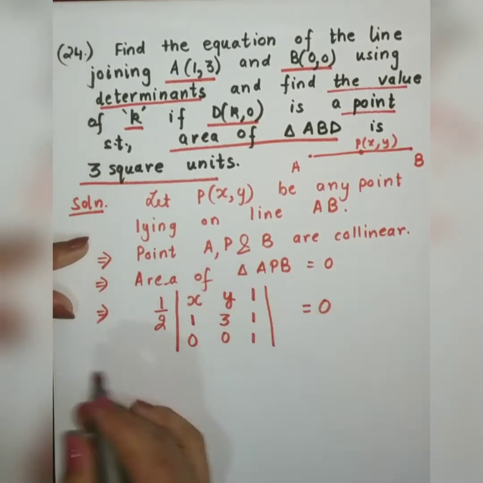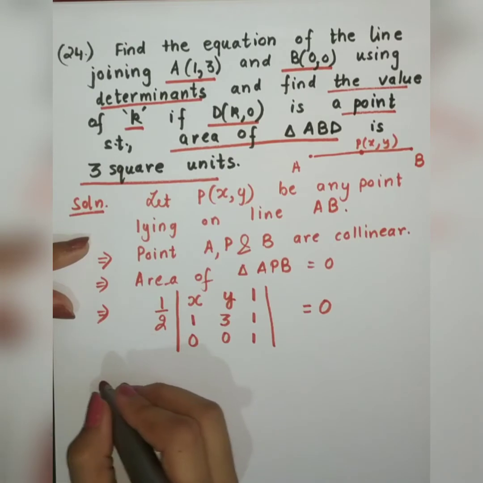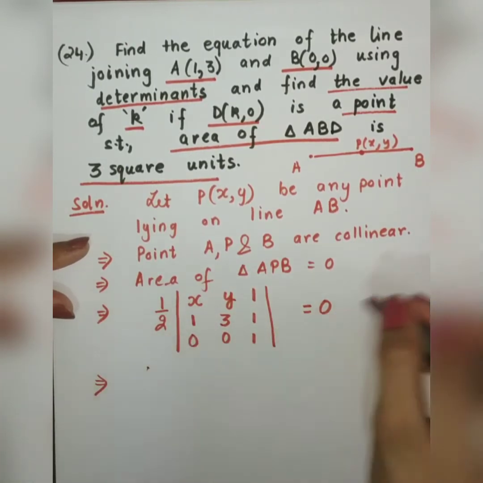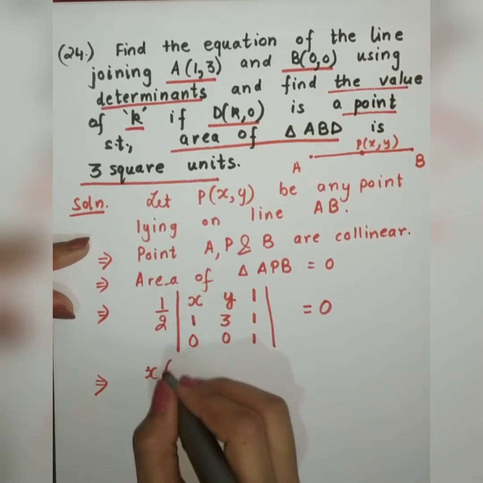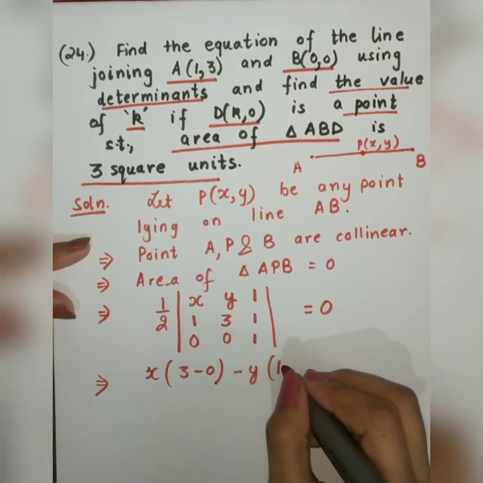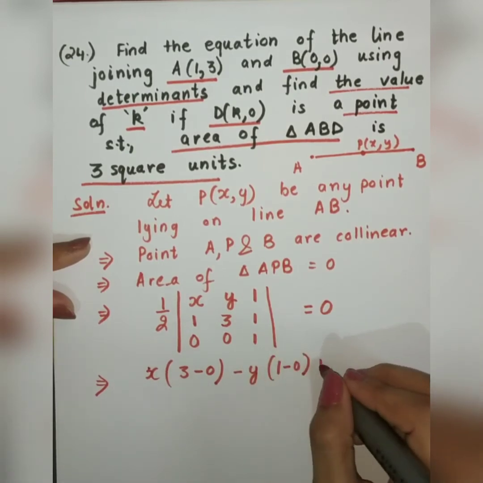Clear? So now let us expand it. It will be half, then x into 3 minus 0, minus y into 1 minus 0, plus 0.